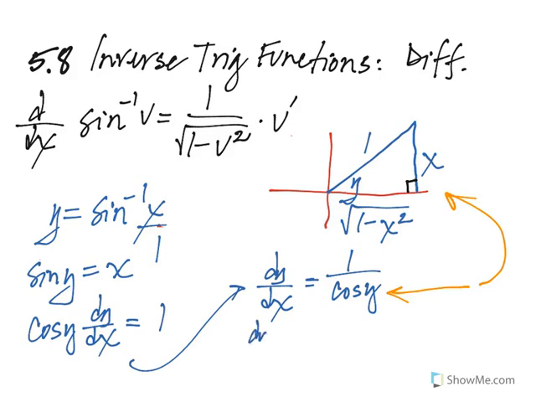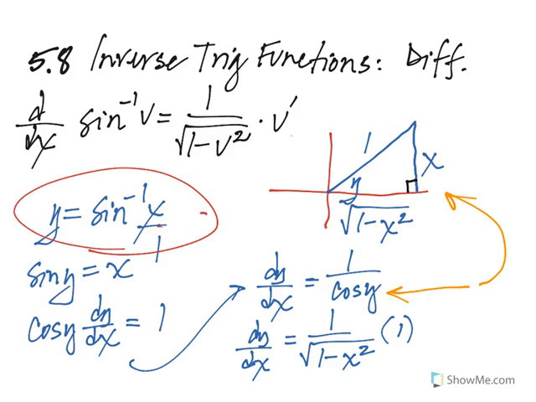So here we go. My dy over dx then is equal to 1 over the cosine of y, which according to that triangle is adjacent over hypotenuse. That is the square root of 1 minus x squared, of course, times 1, which is the derivative of what I was arc sining originally. So you can see how I get the equation giving me the derivative of the arc sine.